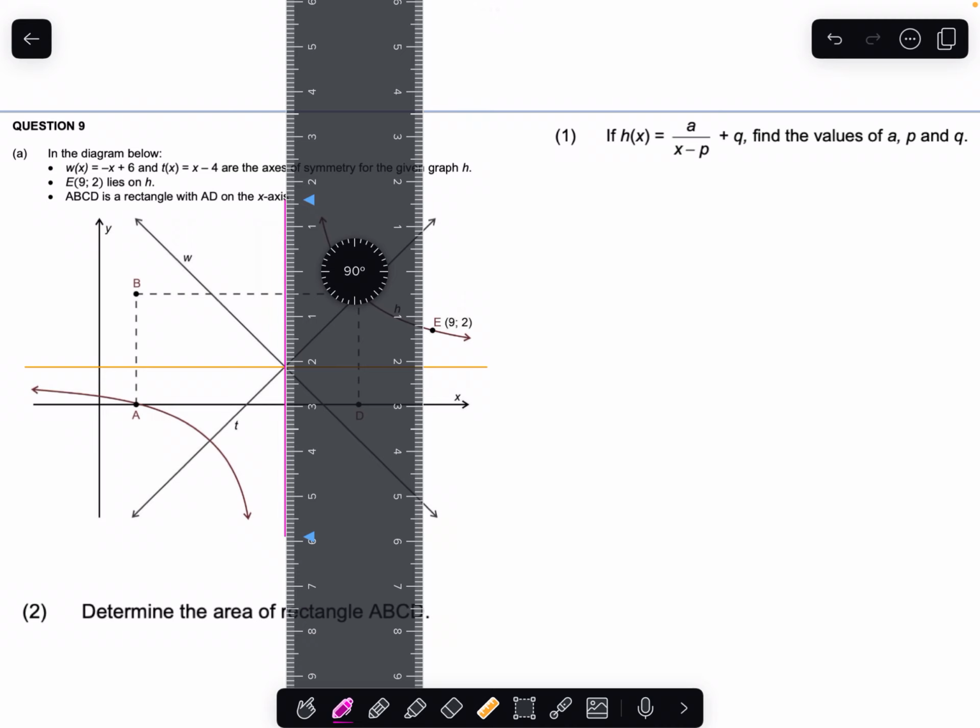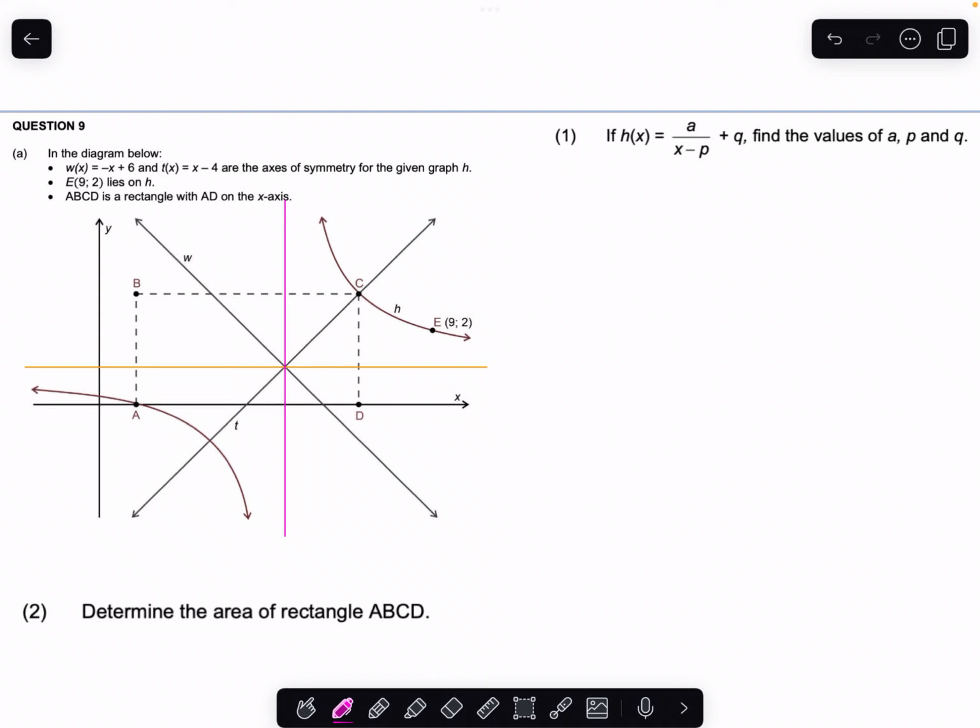Relative to the most basic hyperbola, y = 1 over x, how much has this hyperbola H shifted? Right, so we are going to find the point of intersection of the asymptotes.